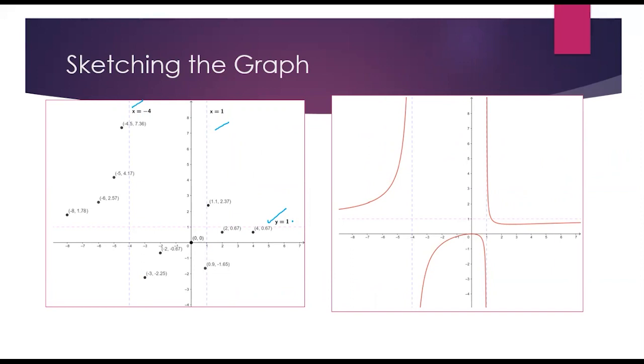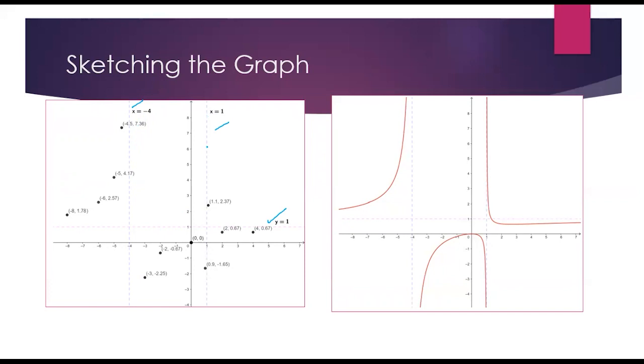What will happen with your asymptotes here is that the curve will get closer and closer to these asymptotes, but it will not intersect the asymptotes.